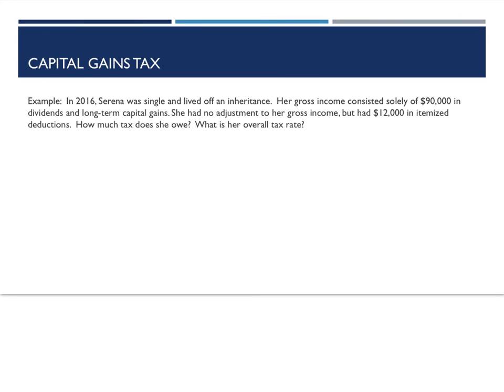So let's see how this works. If we want to do the same thing to Serena that we did to Jude, we see here her gross income consisted solely of $90,000 in capital gains.